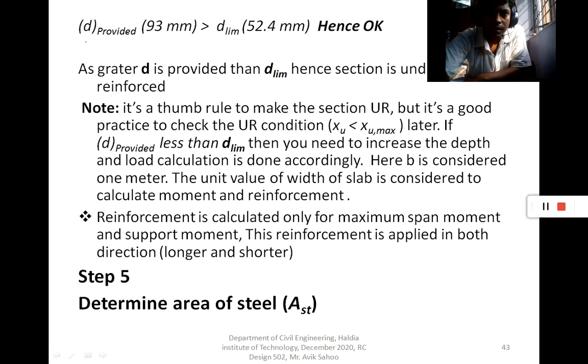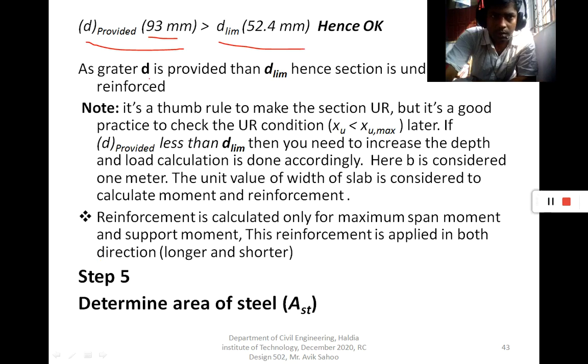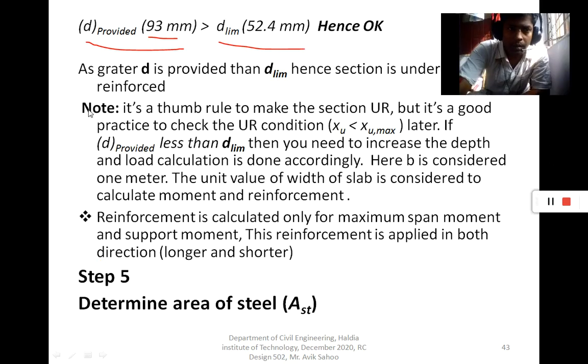Now next, the D provided is how much? 93 mm, which is greater than D limiting. As greater D is provided than D limiting, hence the section is under reinforced. In the note, it's a thumb rule to make the section under reinforced, but it is good practice to check the under reinforced condition later.